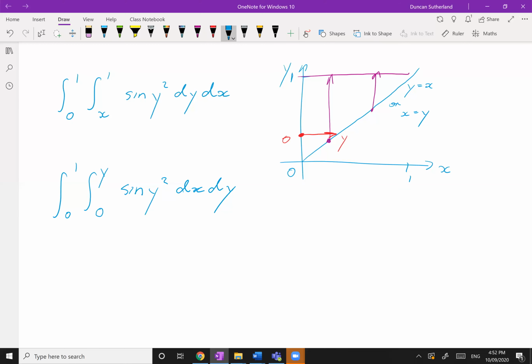When we integrate with respect to x, y is a constant. Sine y squared is therefore constant. We can then just do this integral. It's like integrating any other constant. It's an iterated integral, so let's just go ahead.